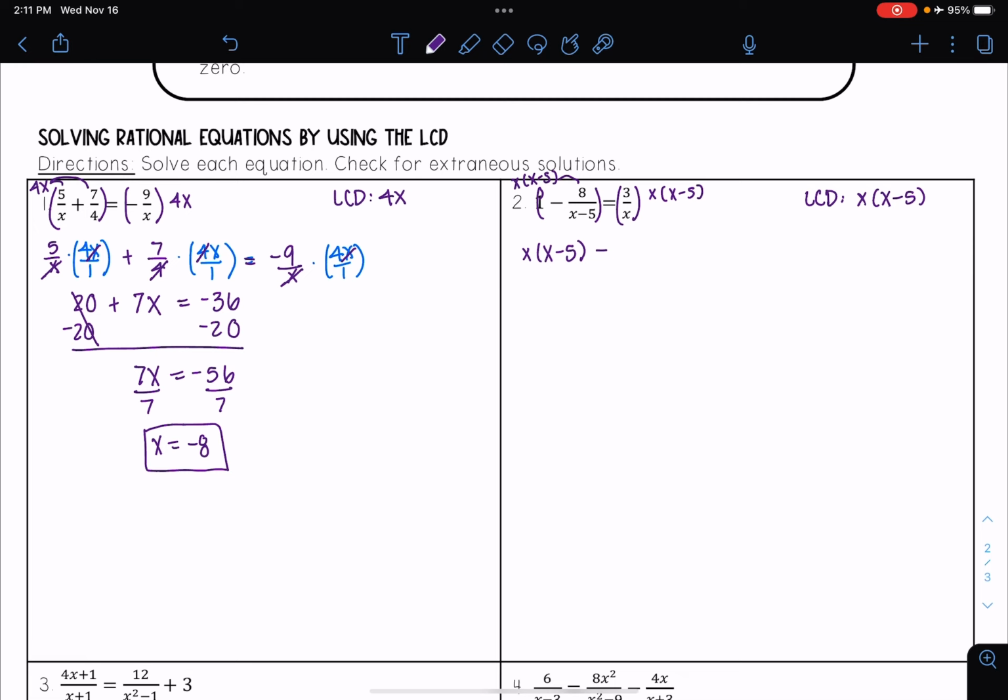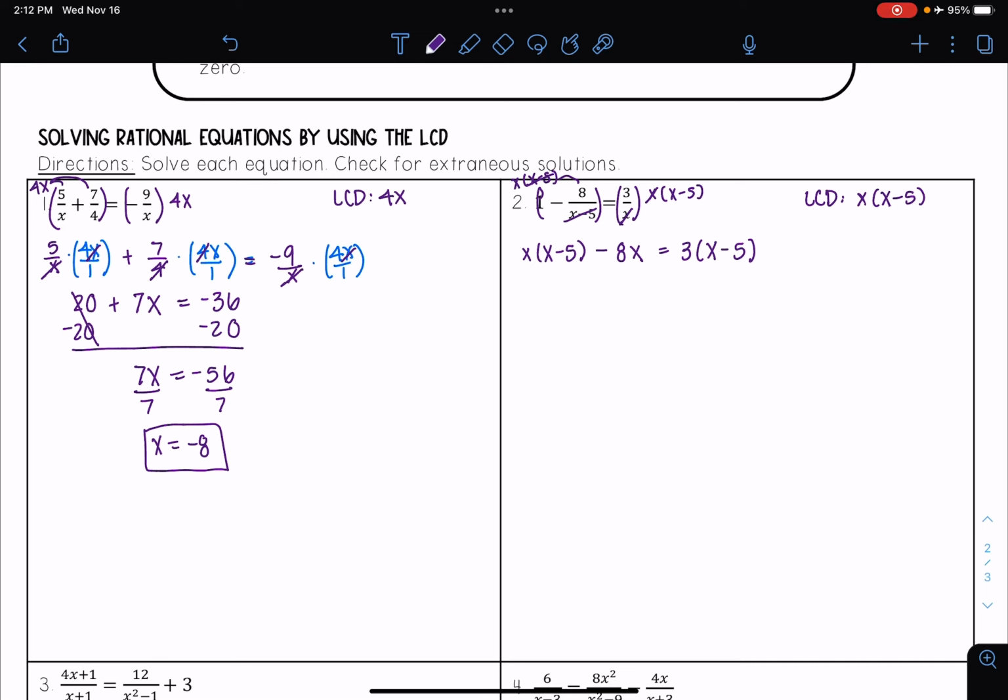When I distribute it to the 8 over x minus 5, I see my x minus 5's cancel, and I'm left with just 8x. The right side is 3 over x times x times x minus 5, I see my x's cancel, and I'm left with just 3 times x minus 5.